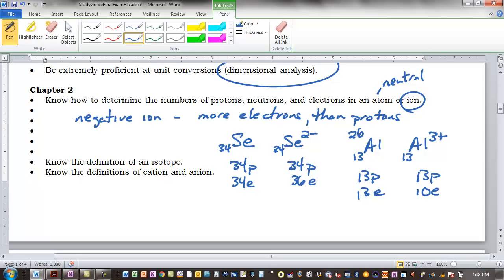Or we could change this. Let's make it a little bit different. Let's say this is aluminum 27. Okay, so 27 minus 13, this would have 14 neutrons. Yes? So the number of neutrons can change?